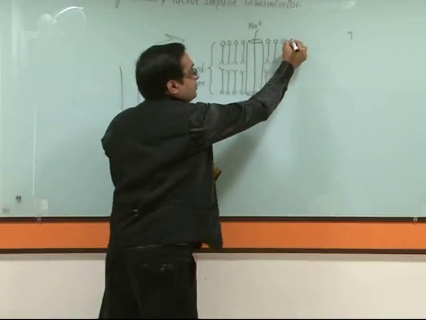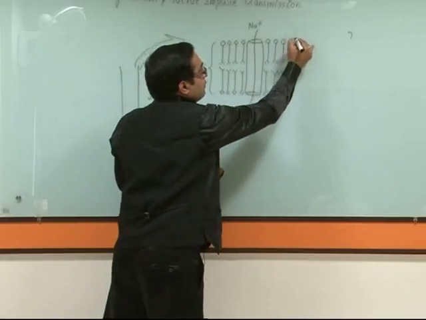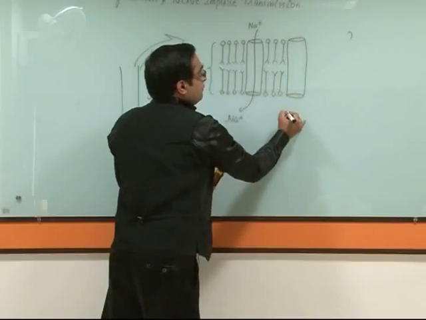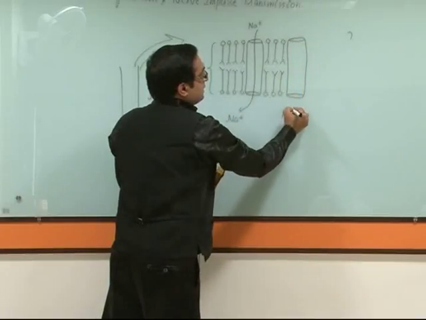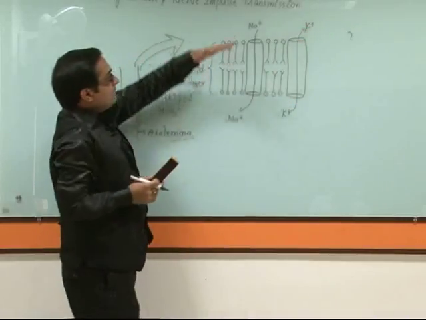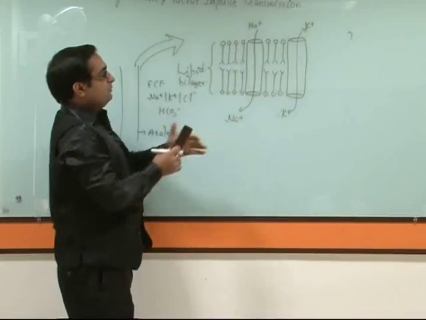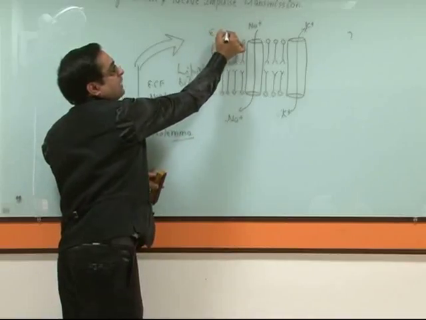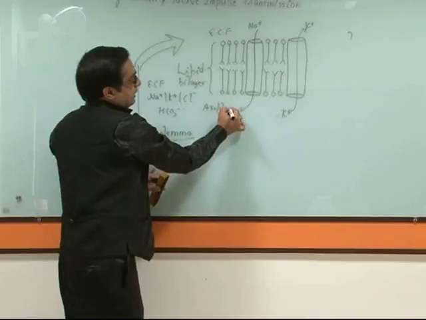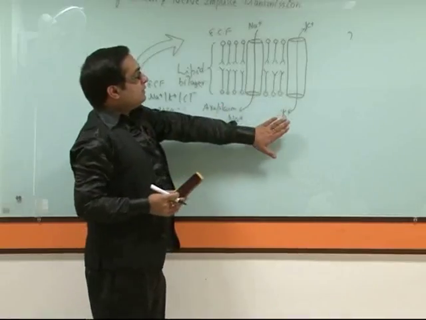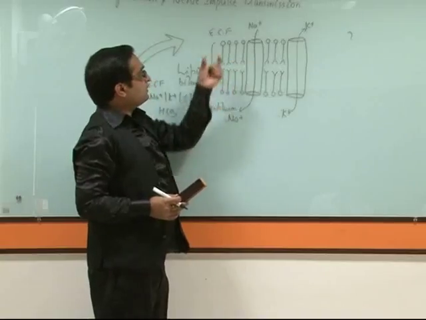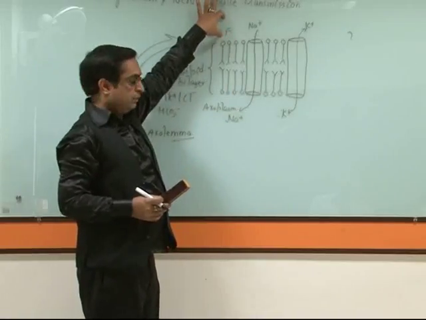Similarly, if potassium ions have to move from inside to outside, they move through these channels. So here we can see that there is influx of sodium from ECF to axoplasm, and here we can see there is efflux or exit of potassium from axoplasm to extracellular fluid.